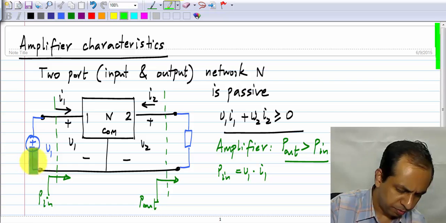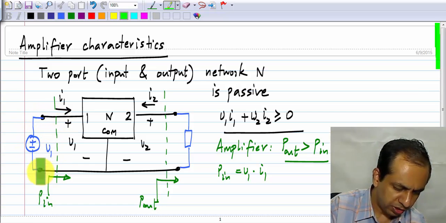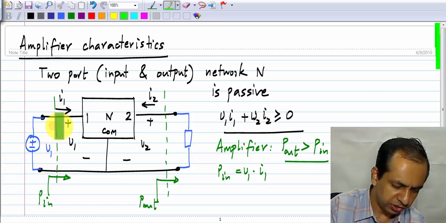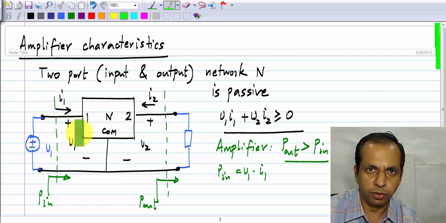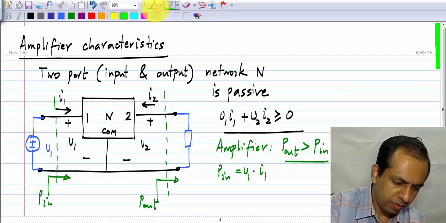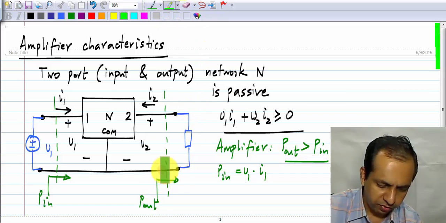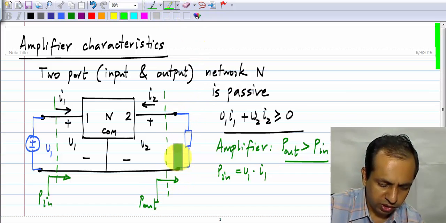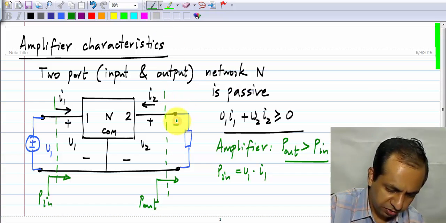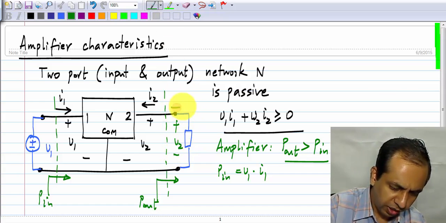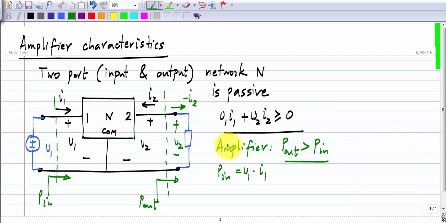So, you see that the current flowing out of the positive terminal of V1 is I1. So, the power supplied by this voltage source, which is going into the port 1 of the network, is V1 I1. And what is the power delivered into the load? That is the voltage across the load, which is V2, times the current flowing into the load according to the passive sign convention, which is minus I2. So, the output power is minus V2 I2.